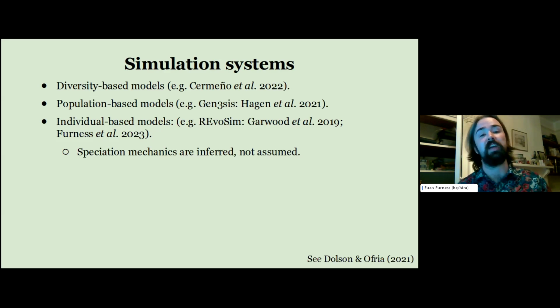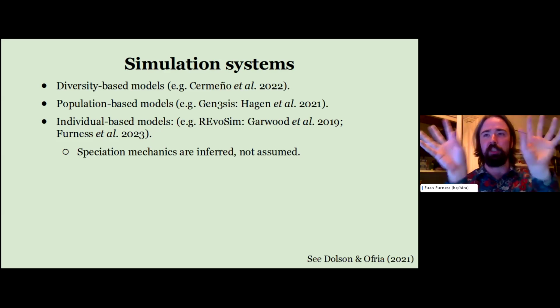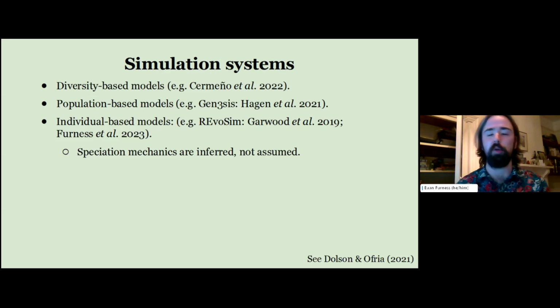Instead of having to say two populations will become different species once they've been separated from each other geographically for a certain amount of time, we can just say, whatever happens to the genetics happens according to the rules that we believe to be true and which are incorporated into the model. And actually, when a species arises is a property of how quickly the genetics diverge between those populations. So it's an emergent property rather than a hard-coded rule.